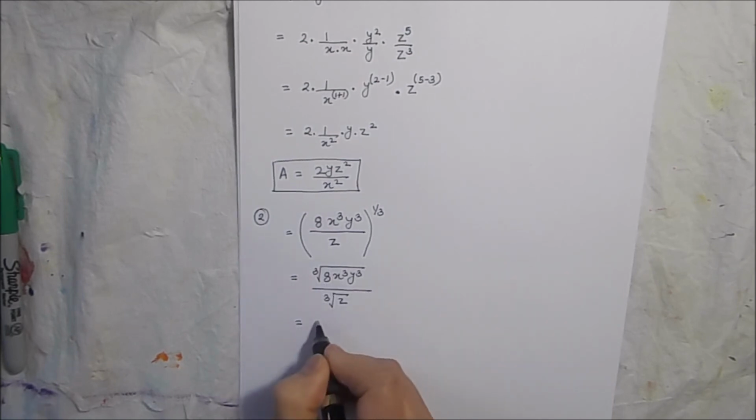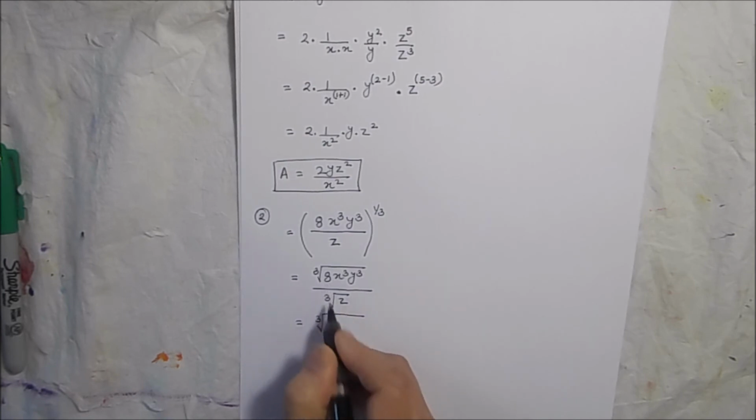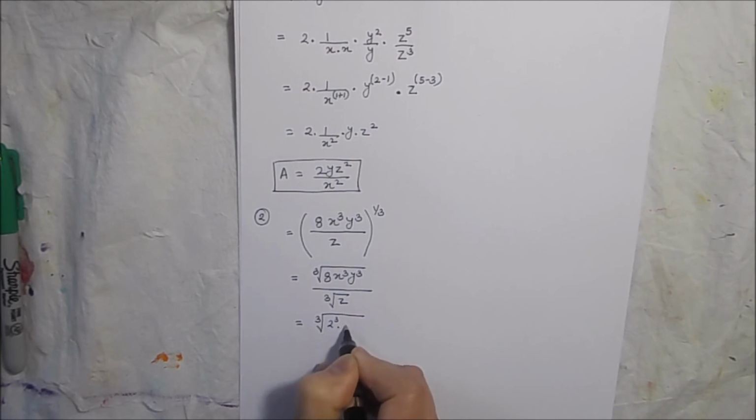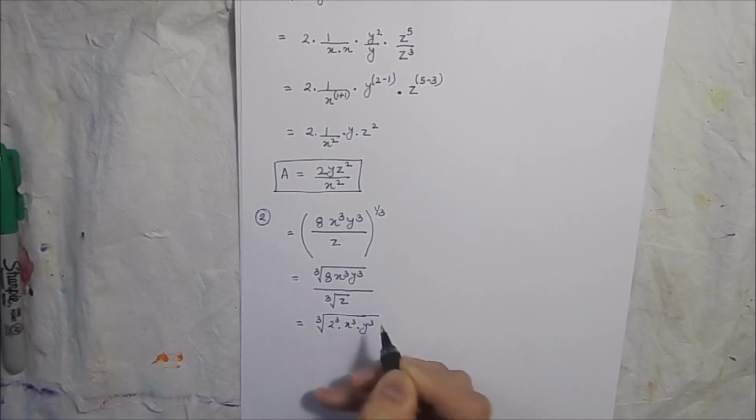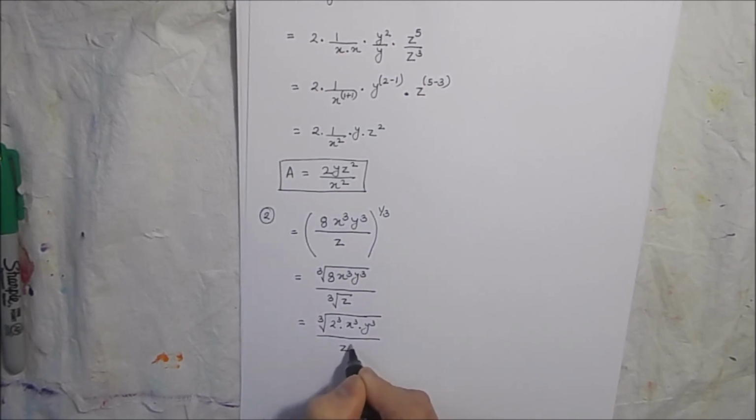So here we can write the cube root. So this 8 will become 2 cube times x cube times y cube, whole cube root divided by z to the power 1 over 3.